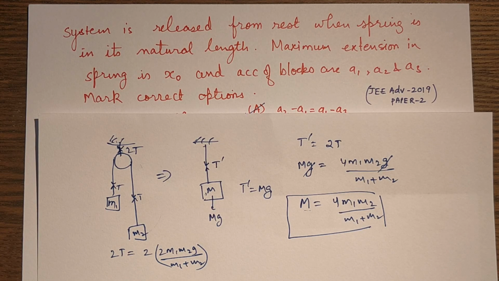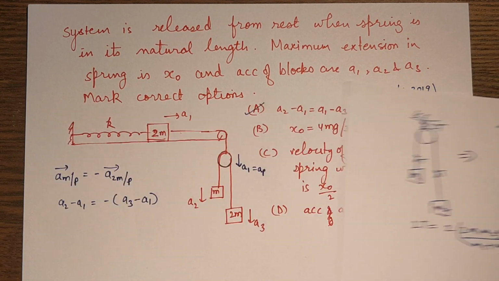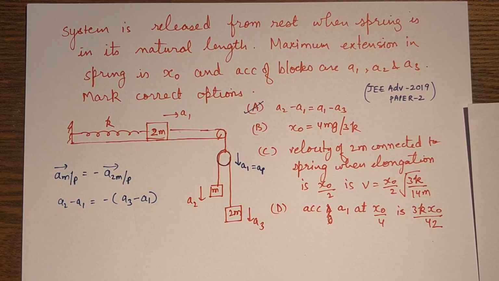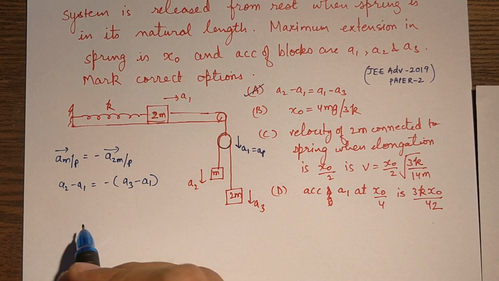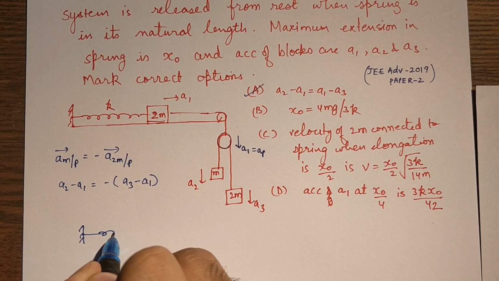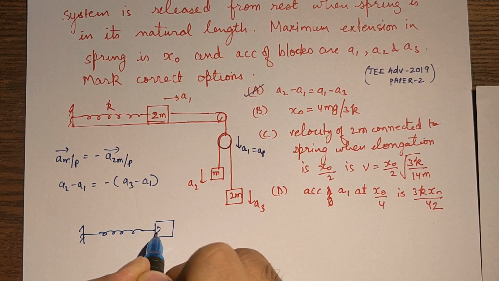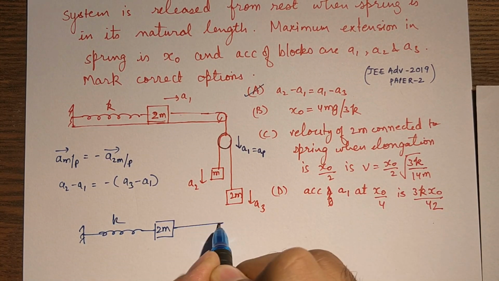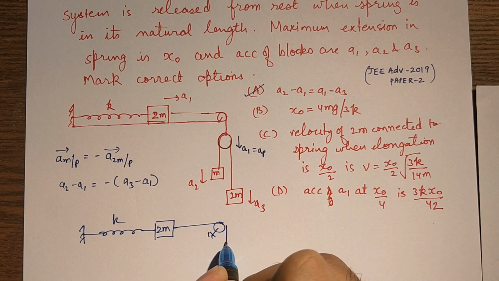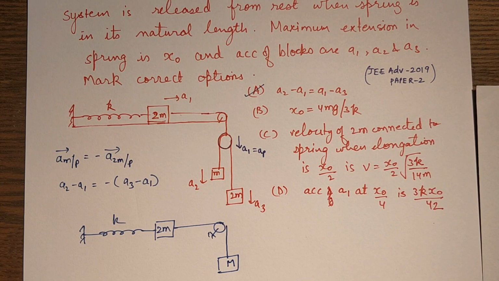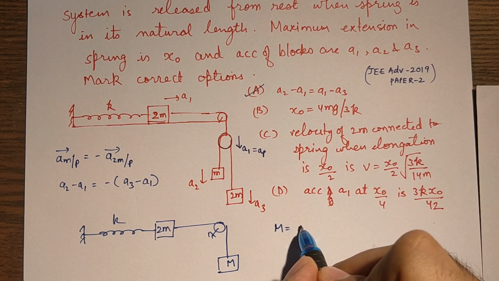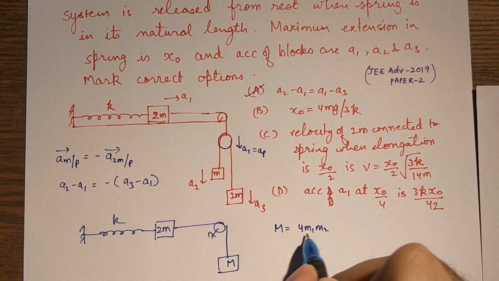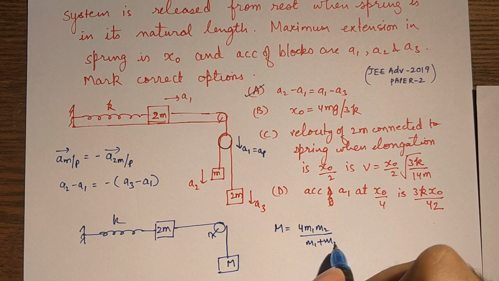Let's use this result to simplify the diagram given in our question. Now I can redraw this diagram. This spring block will be as it is. Instead of these two blocks, I can just write a single block, let's say of mass M. This M I can write as 4 m1 m2 divided by m1 plus m2, as we have calculated.